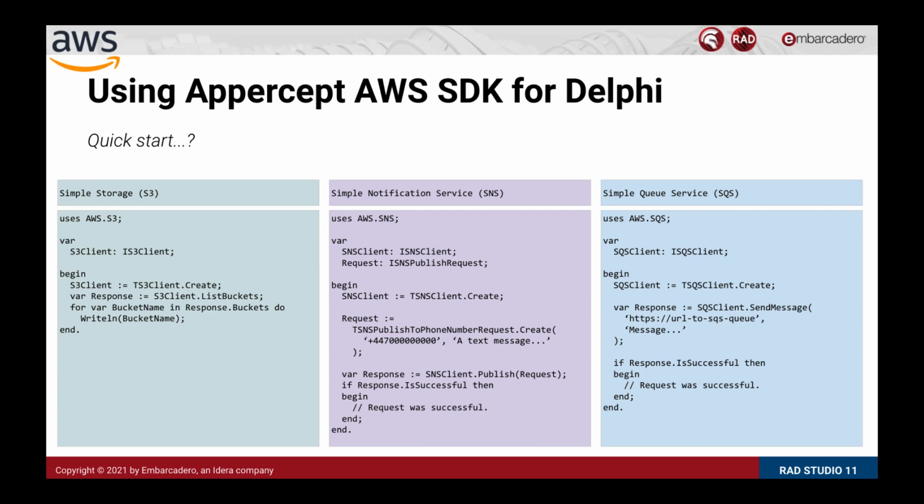Even though send message can accept a request object, like the pattern in the SNS example, because it's a common thing just to send a message directly to a queue, there is an overload which says send message to this queue URL with this content.